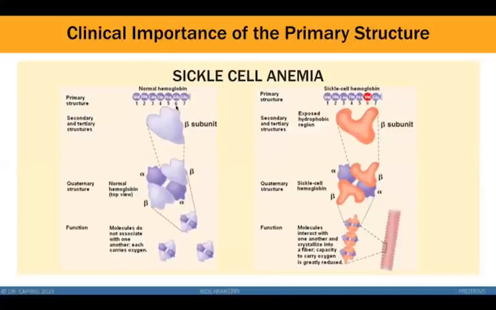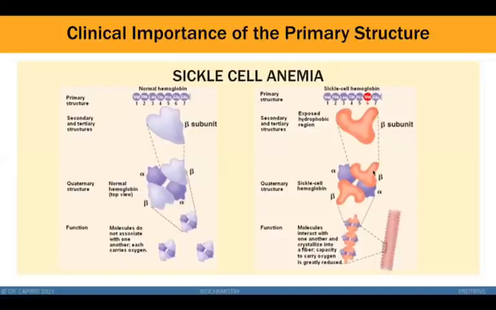So we have a change from a polar to a non-polar amino acid, and this causes exposure of the hydrophobic region of the beta subunit. This exposure of the hydrophobic region causes the sickle cell hemoglobin conformation. And what is important about sickle cell hemoglobin is that it changes the function of hemoglobin. Again, what is the function of hemoglobin?